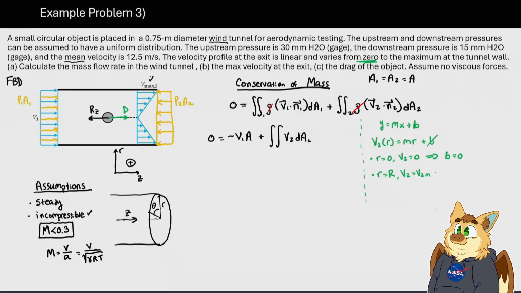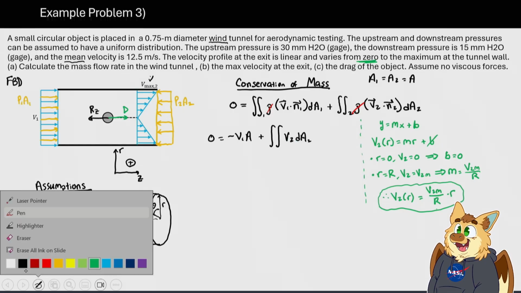Once we solve everything, m should be equal to v2 max all divided by capital R. Which means when we plug everything back in, v2 as a function of r is equal to v2 max divided by capital R times lowercase r. So that is a nice little relationship we have here. And now we can just plug it into the v2 in our integral and begin solving it.